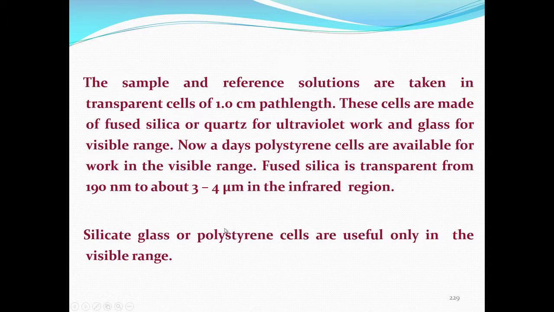That region is very useful, from 900 to 1100 or 1200 nanometers. 99% of the instruments operate from 350 to 700, that is visible, or 180 to 700 or 900, that is UV-visible, and if you want to include the infrared, the range is extended up to 1200 nanometers.